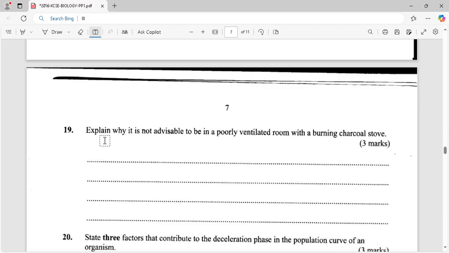Question 19. Explain why it's not advisable to be in a poorly ventilated room with a burning charcoal stove.